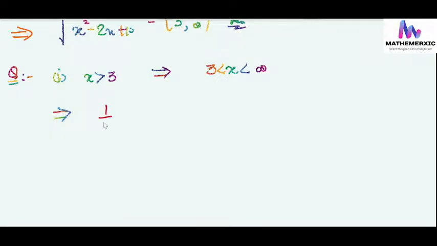So 1 by 3, because x is greater than 3, we can't say that x is equal to infinity. It can be greater than 3 and less than infinity, obviously.